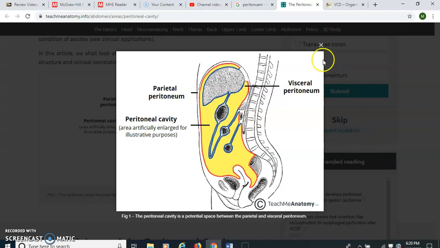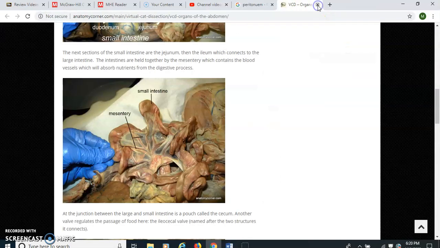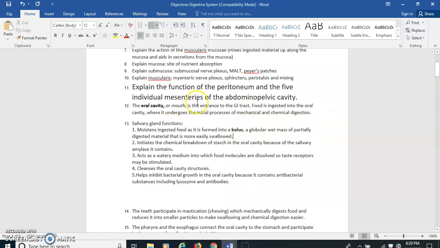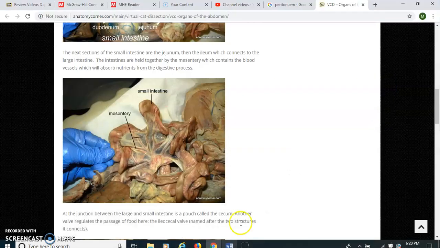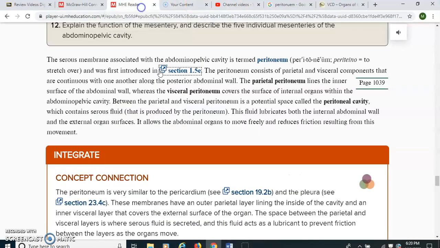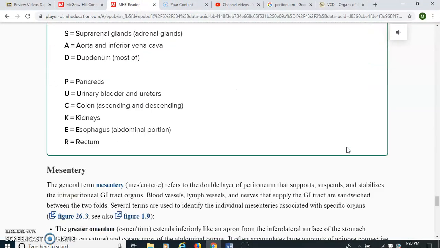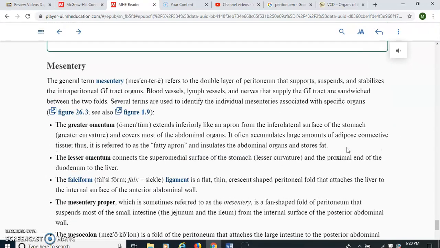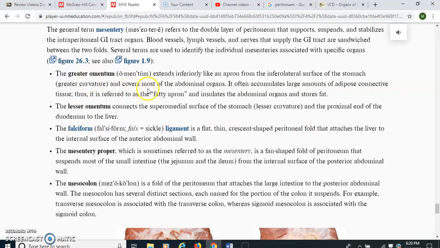All right, so next we're going to talk about the mesenteries. Generally they'll talk about the mesentery as the blanket term for all these structures. I usually don't do that.